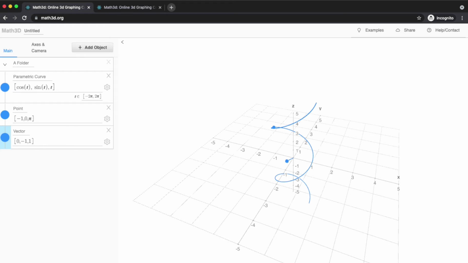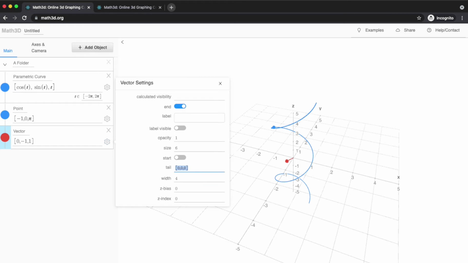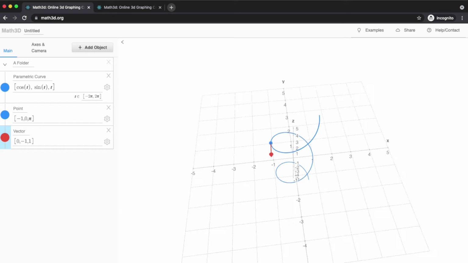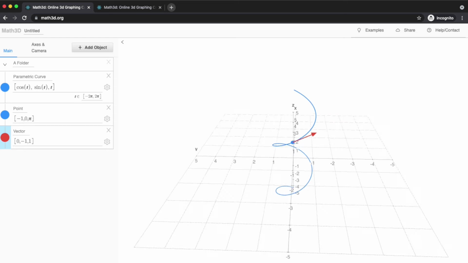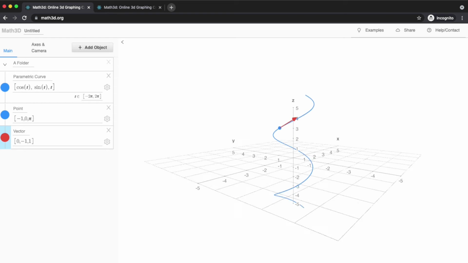So a couple of things I'm going to do. First, I'm going to change the color. Maybe I'll make it red. Then I'll move it so that the tail of it is at (-1, 0, pi). And there it is. There's our helix, our given point P, and now we've just constructed the tangent vector there.